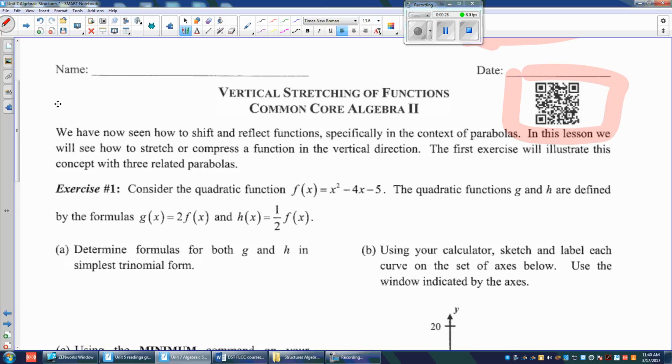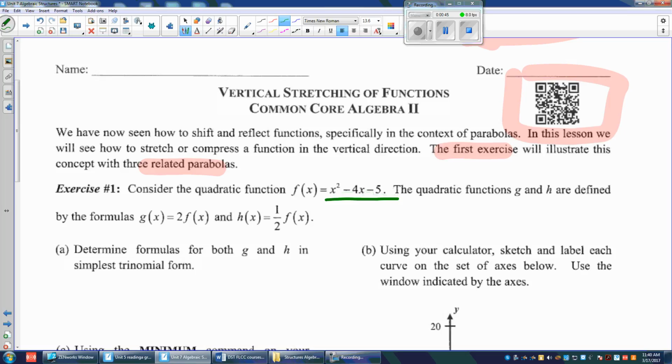We've seen how to shift the parabolas in a specific direction. Now, the first exercise here will illustrate the concept with 3 related parabolas. Okay, so we're going to use basically f(x) = x squared minus 4x minus 5. It's a quadratic function.